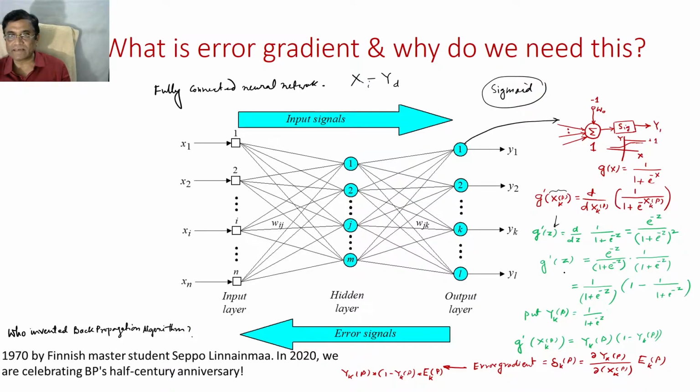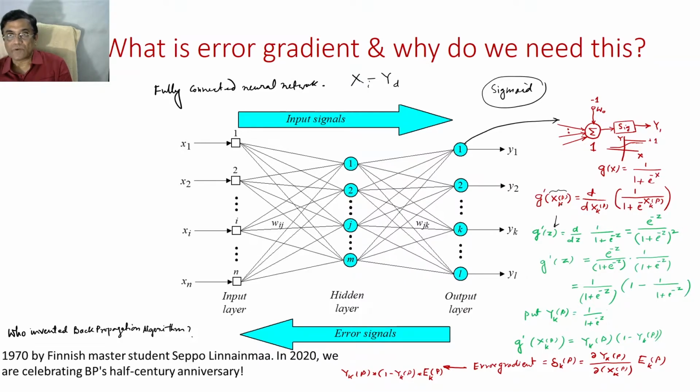One good thing about this differentiation, which I have already done earlier and you can do it too, is that it can be expressed in terms of the output. You see how? Let us consider specifically my function g(x) equal to 1 divided by 1 plus e to the power minus x.